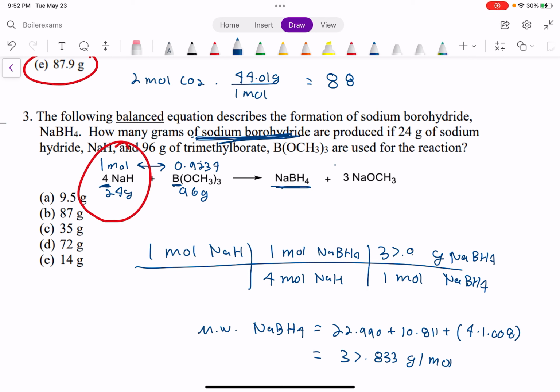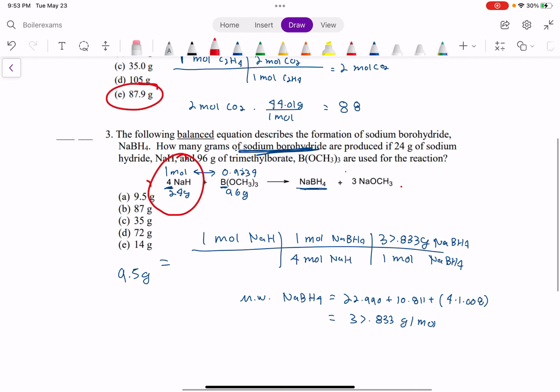Chuck that in up there. Okay, multiply everything on the top, which is just 37.833, divide by everything on the bottom, which is 4. So 37.833 divided by 4 is going to equal 9.5 grams, which is A. Let's see. Oh, we got A. Wonderful. Excellent, A. Hope this helps.